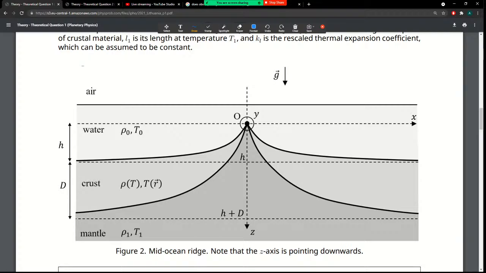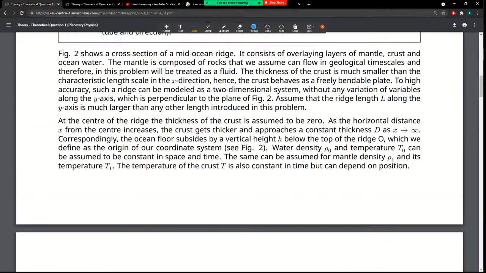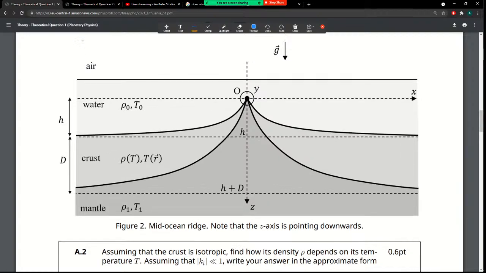The mantle is composed of rocks that we can assume can flow in the geological timescale, and therefore, in this problem, will be treated as a fluid. The thickness of the crust is much smaller than the characteristic wavelength in the x direction. Hence, the crust behaves as a freely bendable plate.